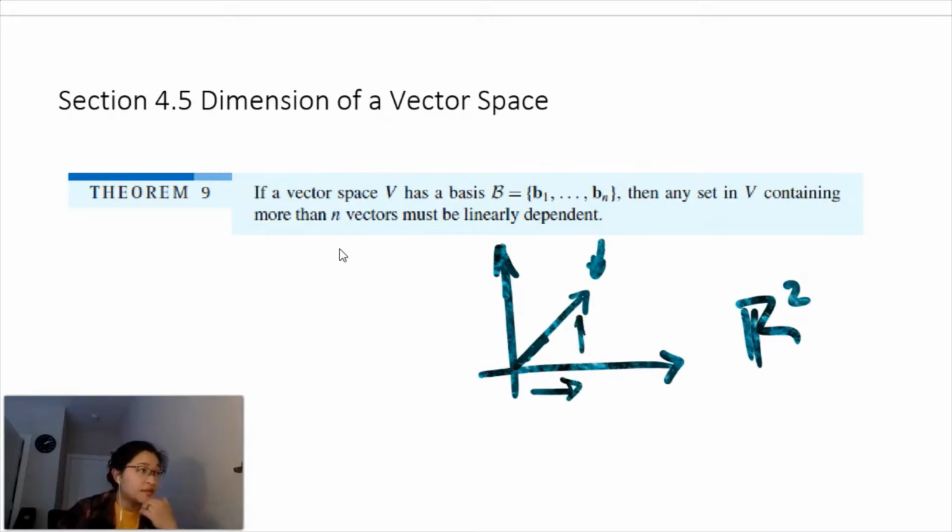So if we have more vectors than we have in our basis, it's going to be a linearly dependent set of vectors.